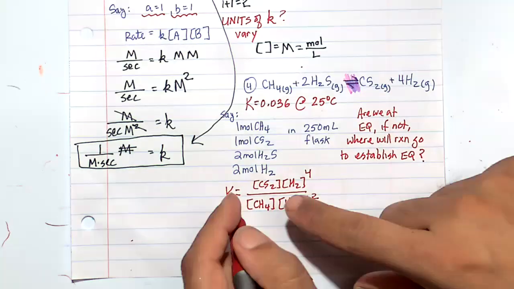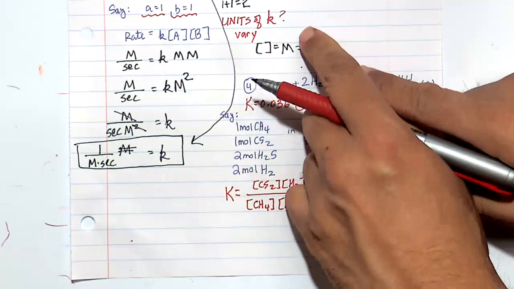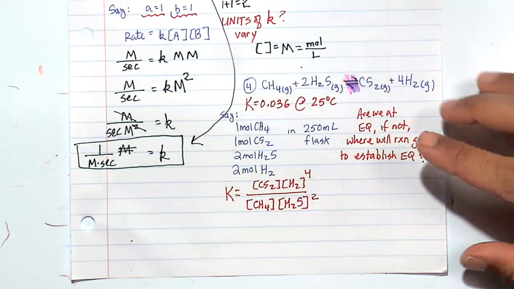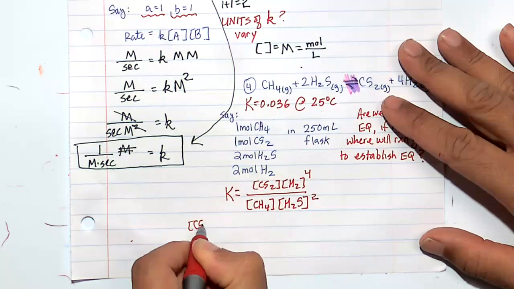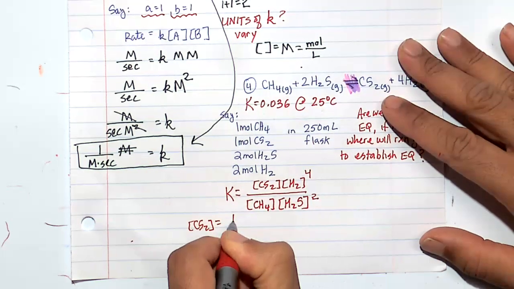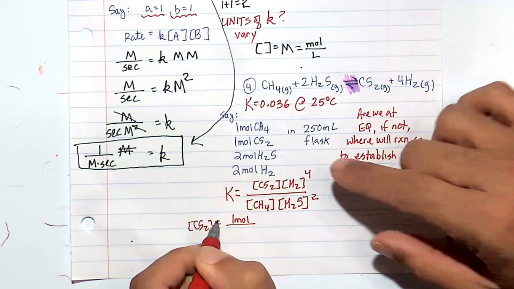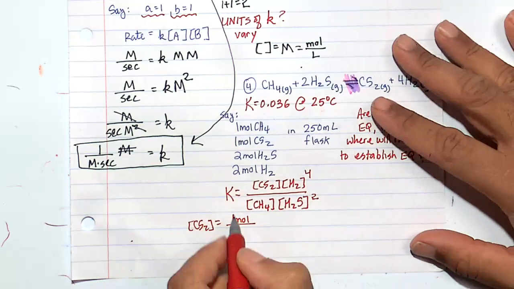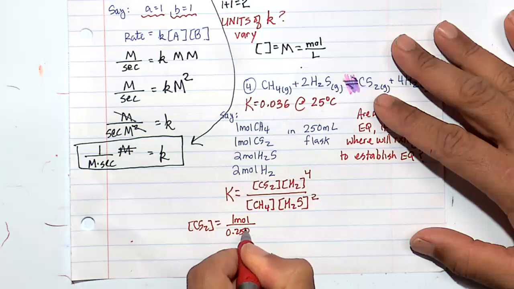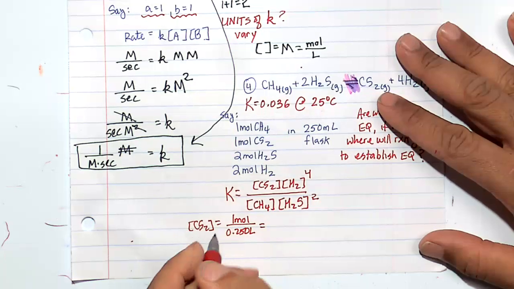These are concentrations, and concentrations, as you know, is in moles per liter. So the concentration of CS2 is 1 mole over not 250 milliliters, but 0.250 liters. We have to convert that to liters.